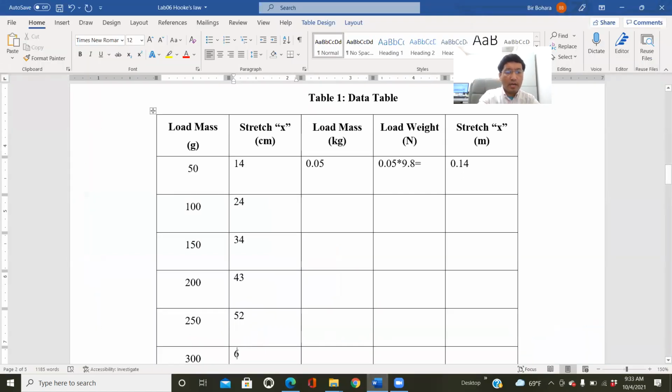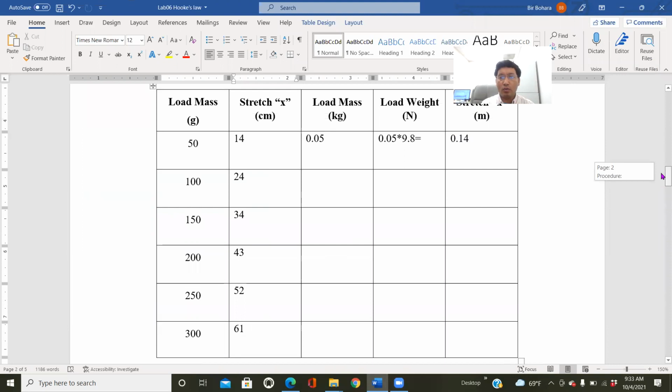So I have a complete table that I have all data, and I can now convert into kilograms, which is 0.024, right? Similarly, now I'm converting mass here.